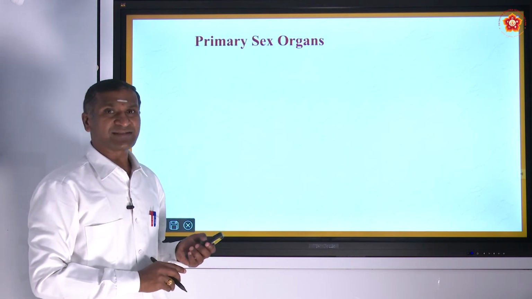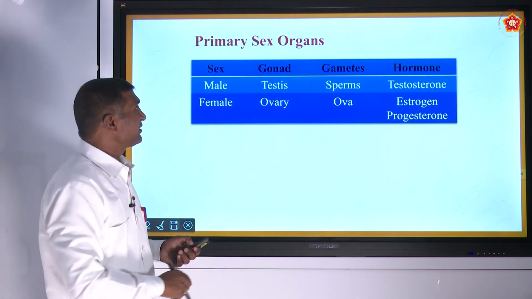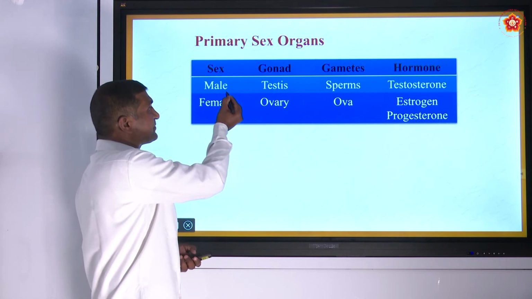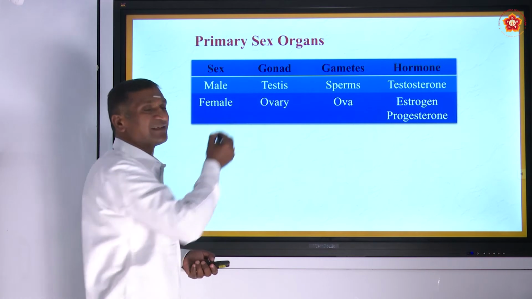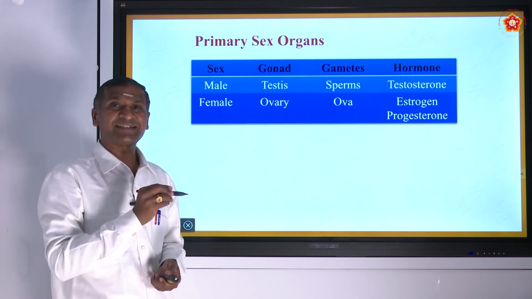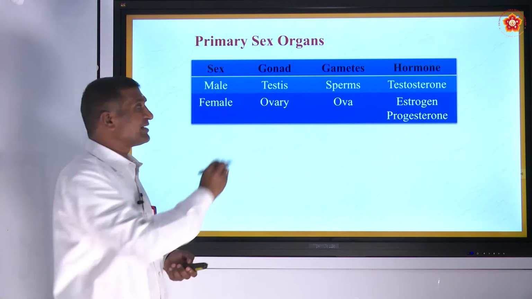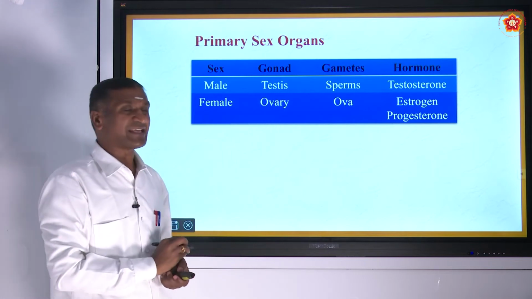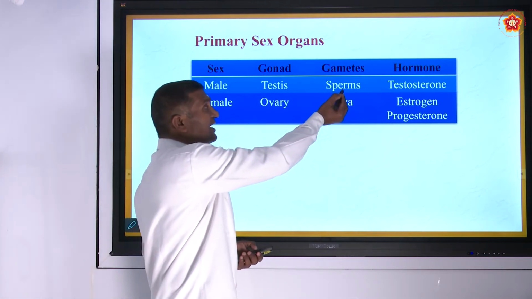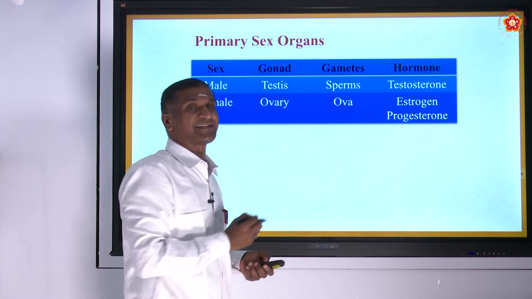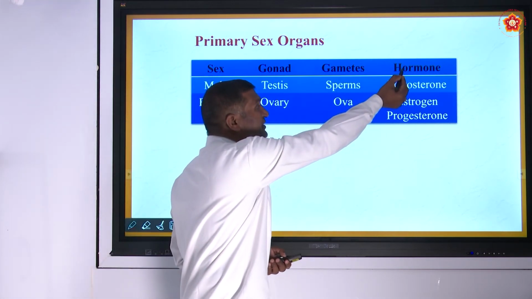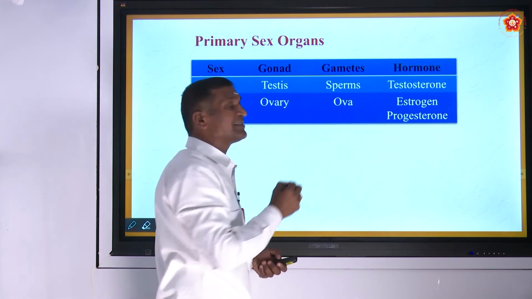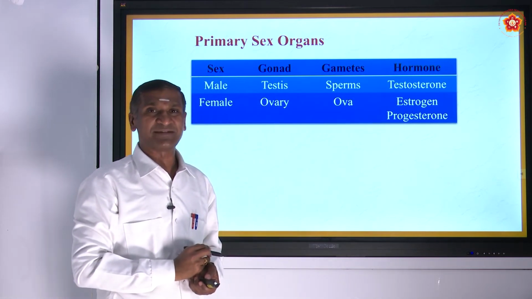Primary sex organs: if the sex is male, then the organ is the testis. It is singular; testes is plural. The gametes produced by the testis are sperms. The hormone which initiates is testosterone.